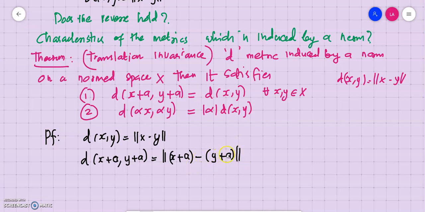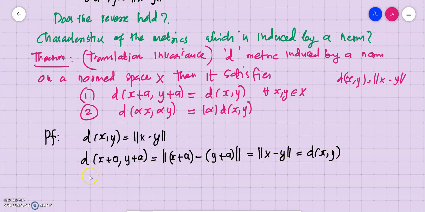If you enclose the minus inside the bracket, this becomes minus a and this becomes plus a, so they cancel. The answer becomes norm of x minus y, which is d of x, y. So this result holds.